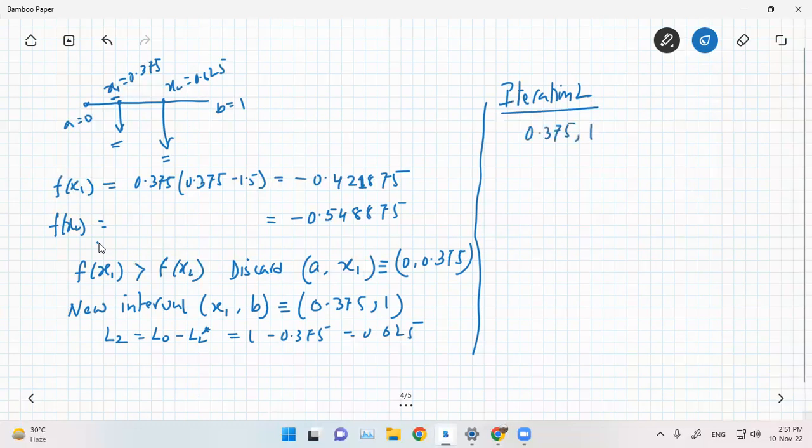0.375 to 1. So our L3 star will be Fn minus 3 by Fn into L0. So n is 5, so F2 by F5 into 1.